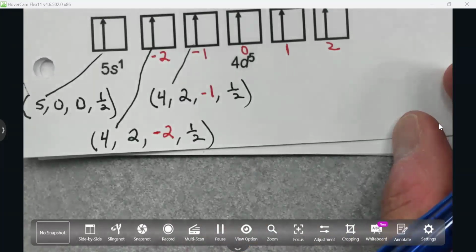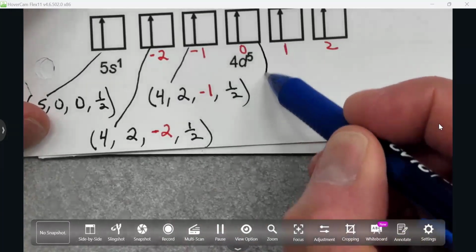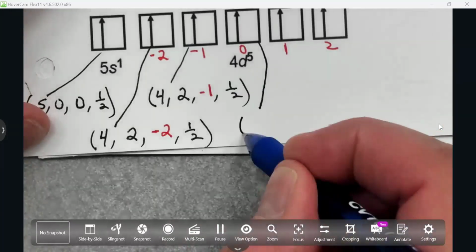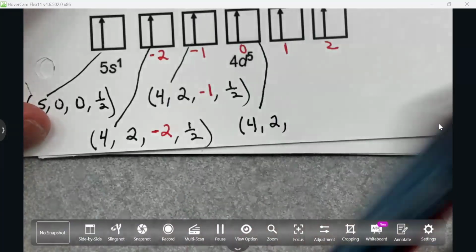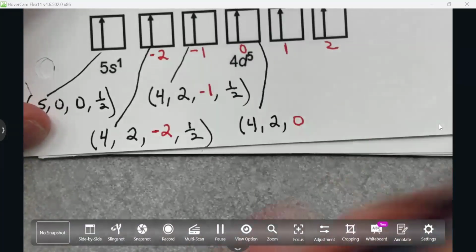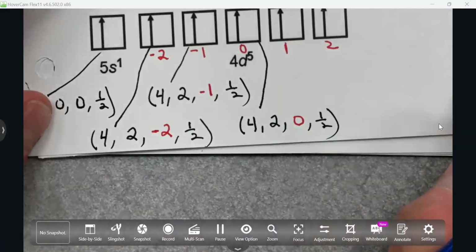My third number is the only one that's going to change, correct? They're all in level 4. All 5 are in level 4. They are all in the D. 4, 2, 0, 1/2.